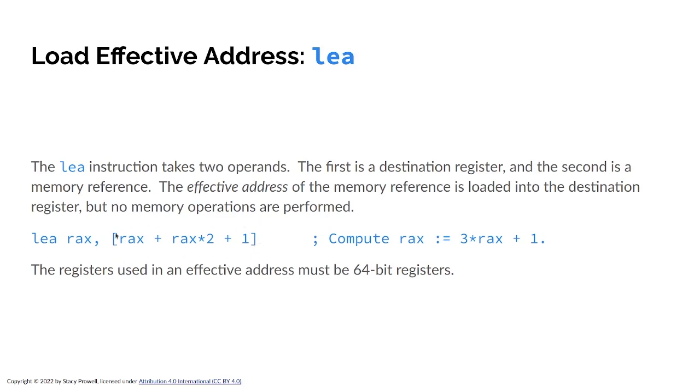Every other time they're going to mean indirection: go and get something out of memory. Here they don't. And so you'll need to watch this. If this were move, I'd go and get the contents of this address and put it in RAX. But because it's LEA, I get this address and put the address in RAX.